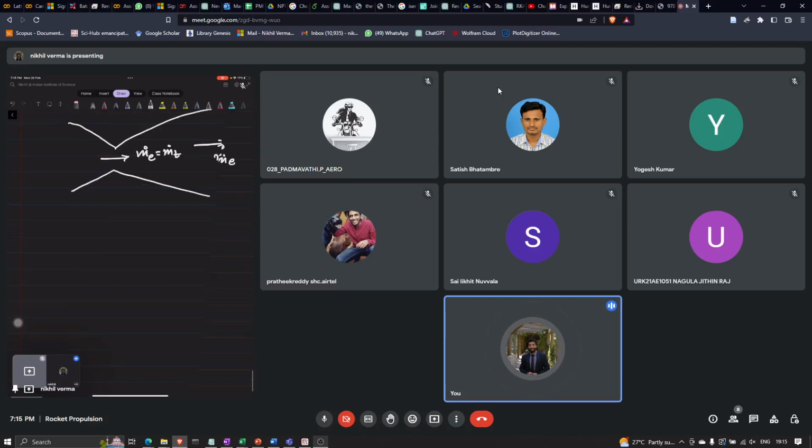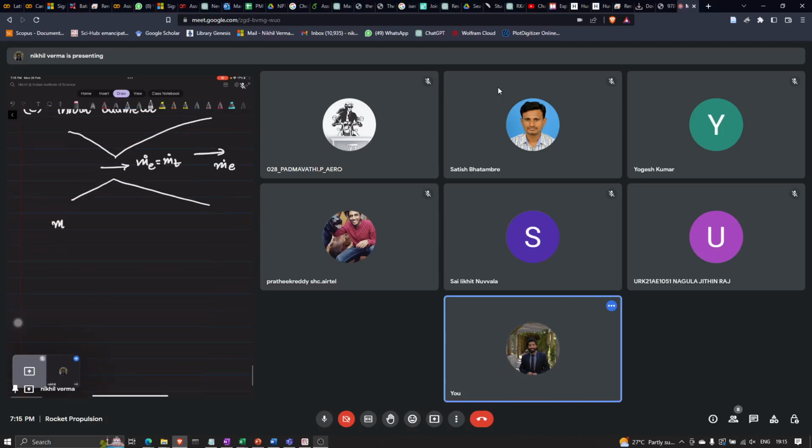Okay. So what we can do here is, since we know the nozzle is choked, the mass flow rate for the choking condition is rho star A star into V star. Star is the quantity which I'm referring to at the throat.